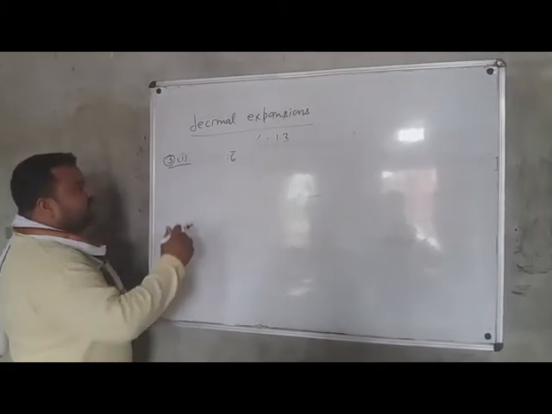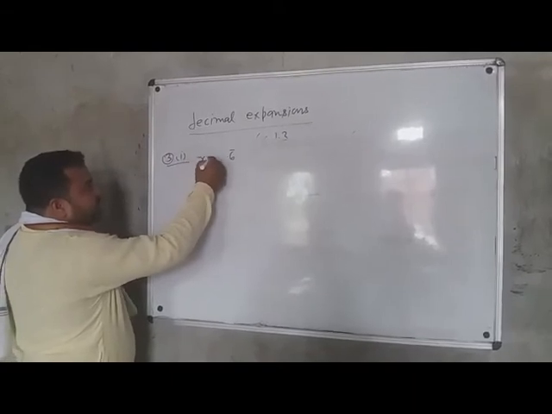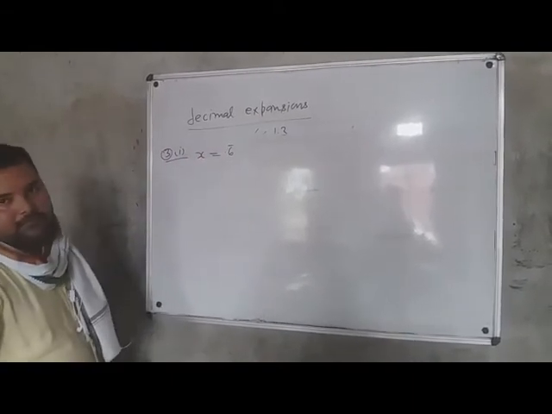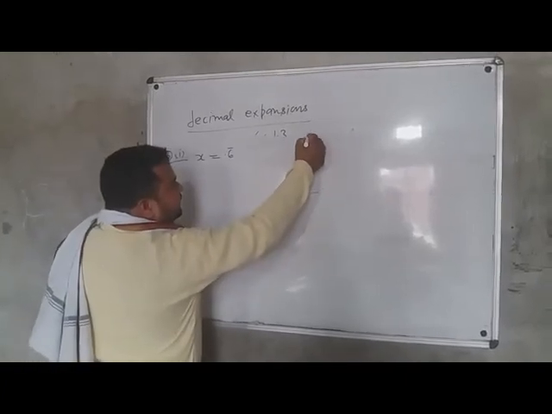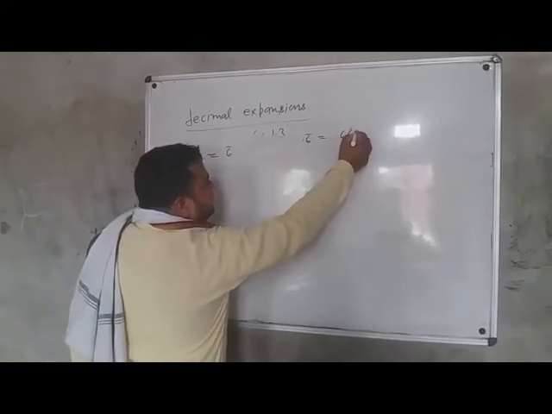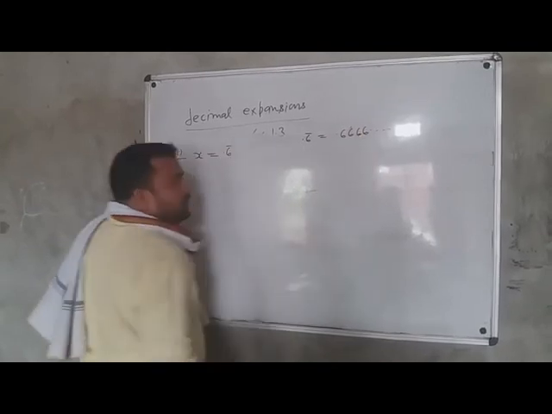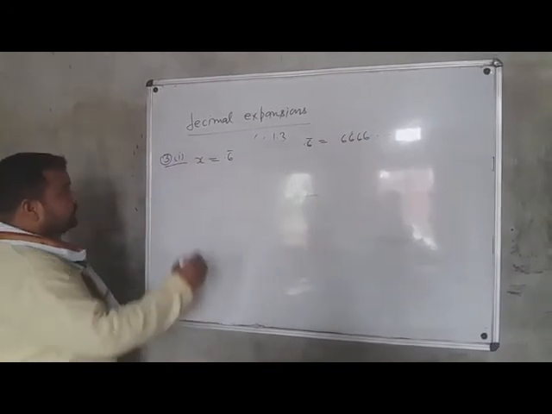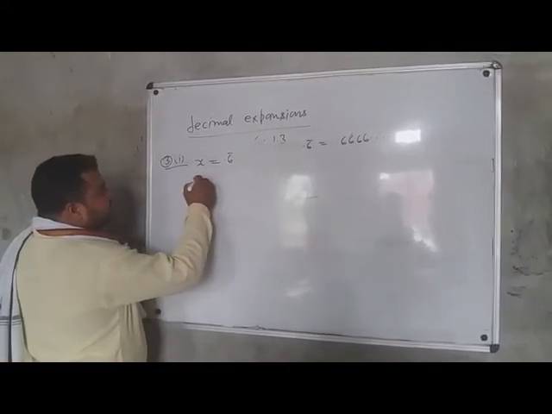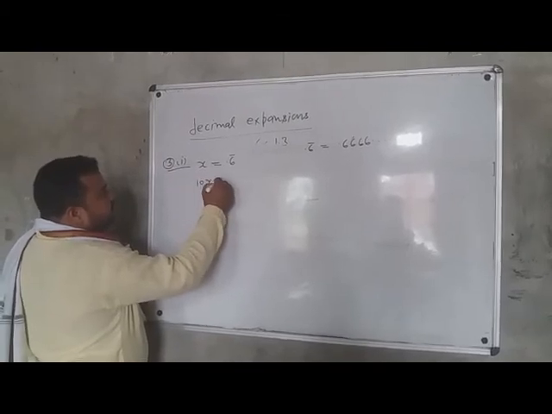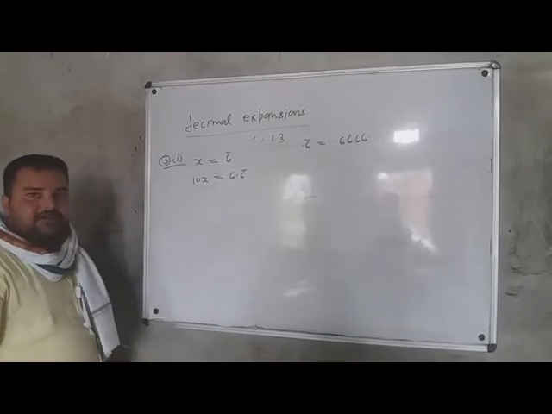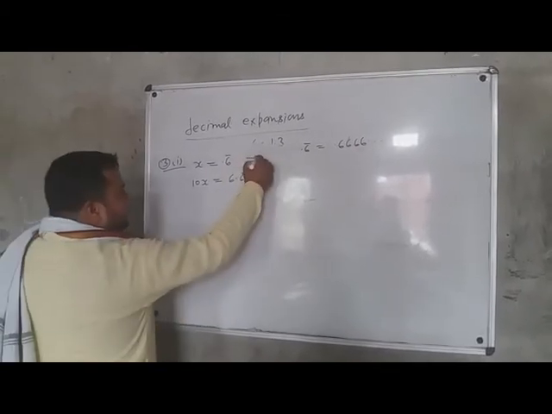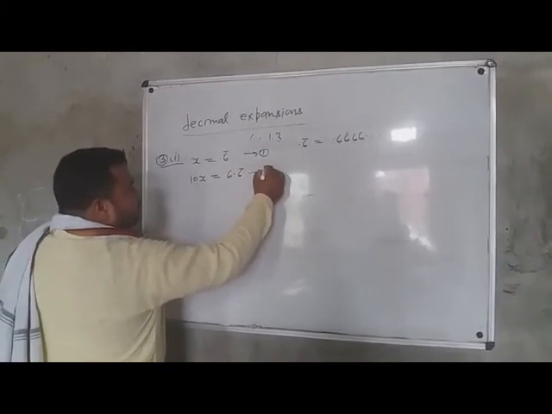Let x equal 0.6 repeating, which we can write as 0.6666 and so on. Multiply with 10, so 10x equals 6.6 repeating. This is equation number 1 and this is equation number 2.